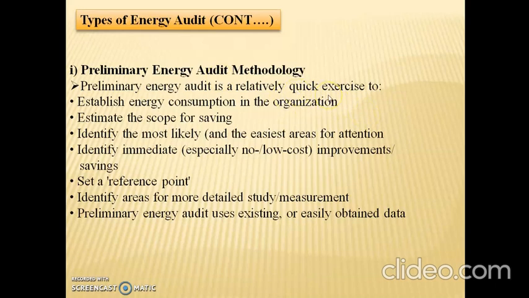So it uses existing or easily obtainable data from the operators of the machines, from the managers. So mostly the data in preliminary audit is obtained from the industry itself, not by actual measurements. So this is the actual difference between preliminary audit and detailed audit.